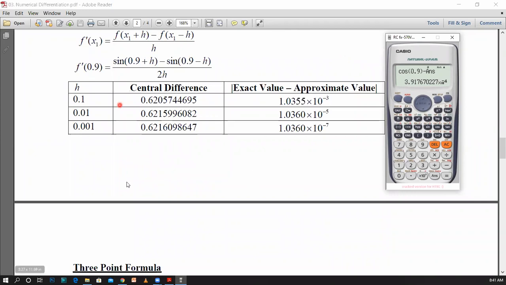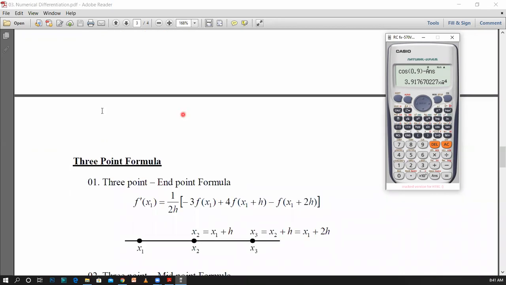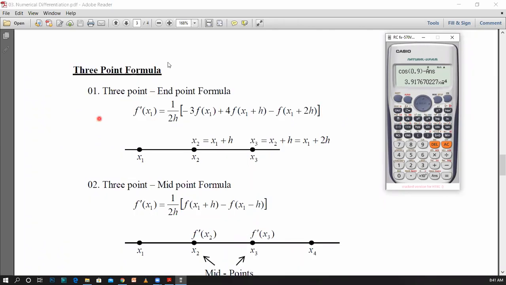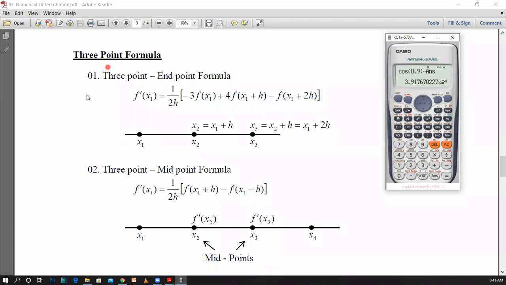Therefore, in the previous methods, we used 2 points to obtain the derivative of the function at a given point x1, and now, with the 3-point formula, we are dealing with 3 points. There are two types of 3-point formula. The first one is the 3-point endpoint formula, and the next one is the 3-point midpoint formula.